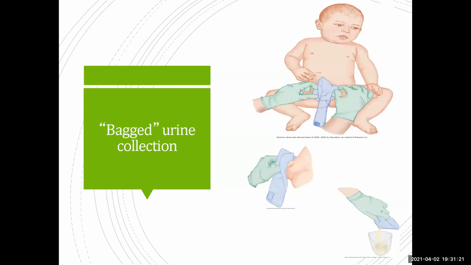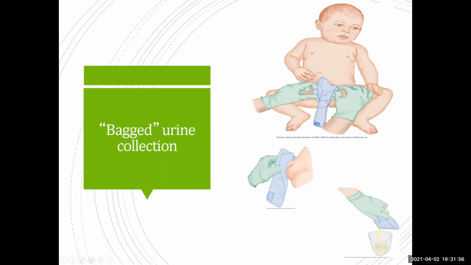Now, right now, these slides probably should be switched. This is a bagged urine, and they make it look so simple for a baby. Obviously for a little boy it's a little easier, but for a little girl, you can put this on them, and invariably, especially those first few days, they will stool, and you'll get a mixture of meconium and urine.